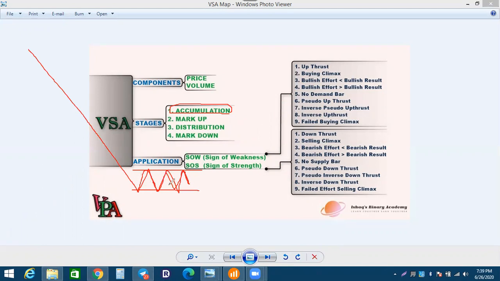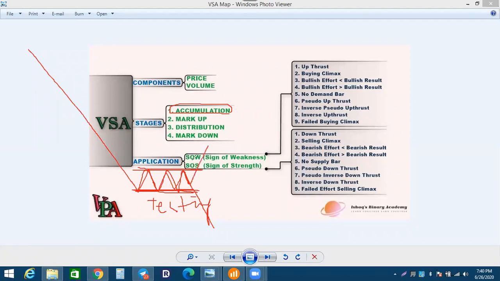We consider this a testing area in volume analysis. In this testing area, we can understand the breakout of this level: when it will happen and who will benefit from it, the buyers or the sellers. In the accumulation phase, we can understand whether the breakout will come downward or upward.